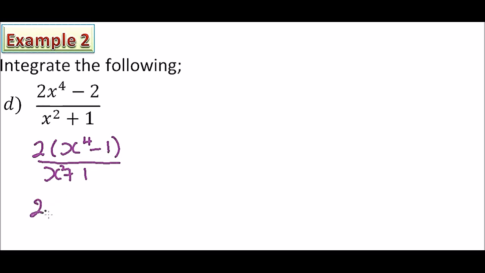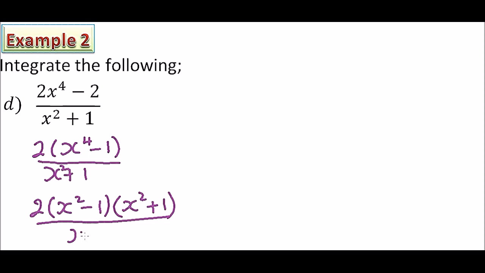So we have 2 into bracket, this can be written as (x^2 - 1)(x^2 + 1), divided by x squared plus 1. So we can now divide by x squared plus 1 and you get 1.